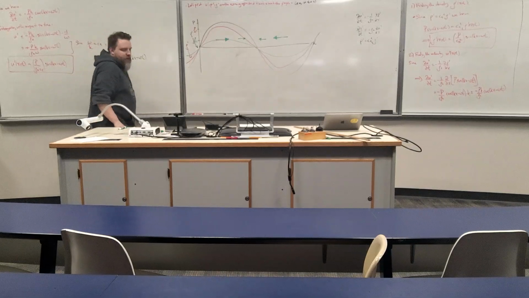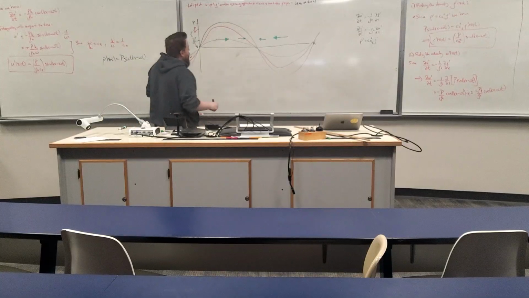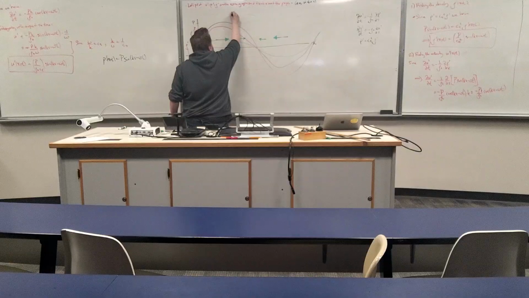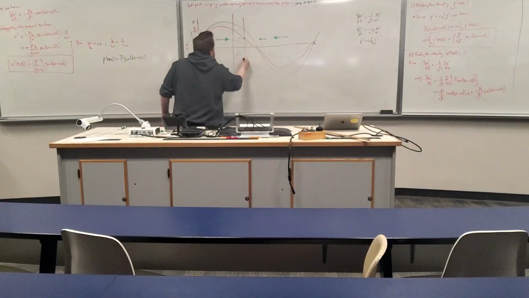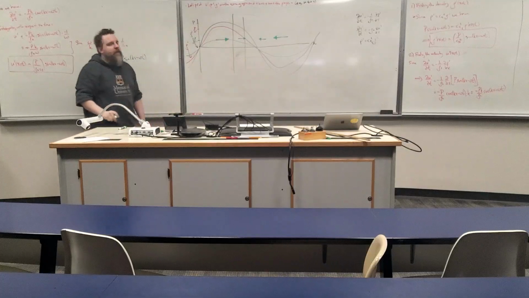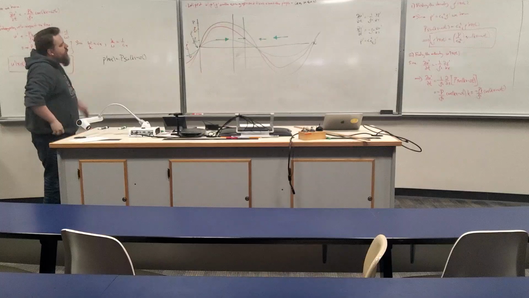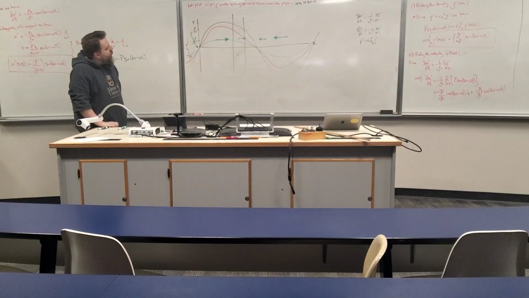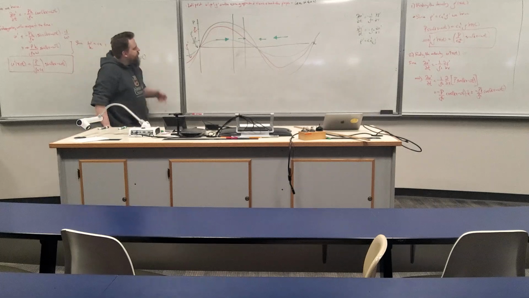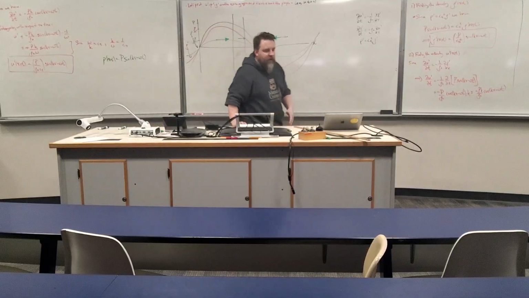So now, I wish I had more colors, but I'm going to look at a region here. Let's consider this little section of the wave. So, could anyone suggest what is going to happen to the mass of this region of air, or equivalently the density?